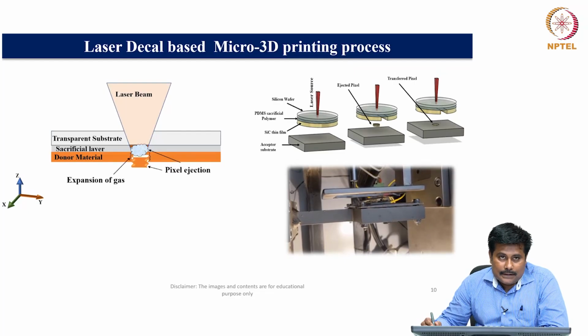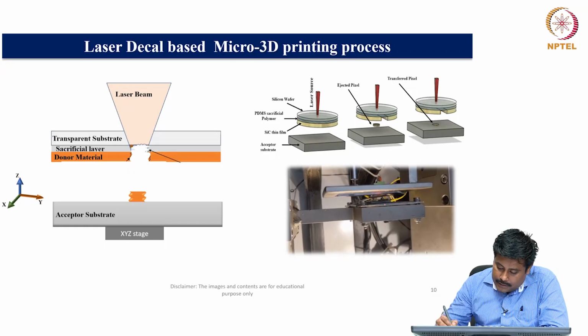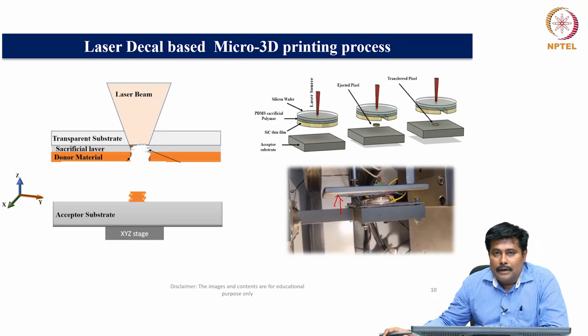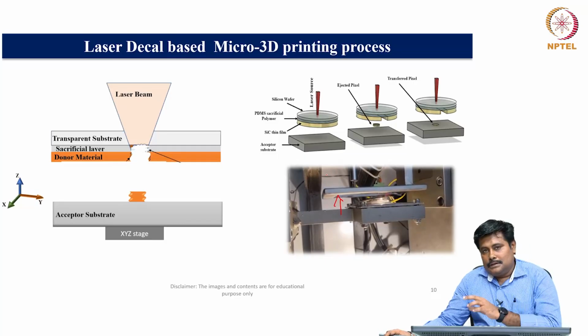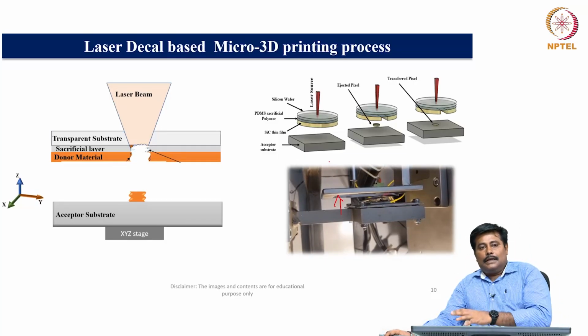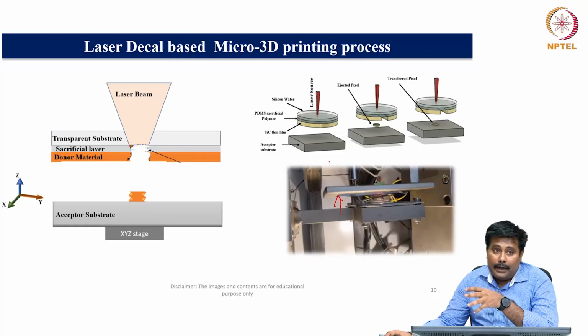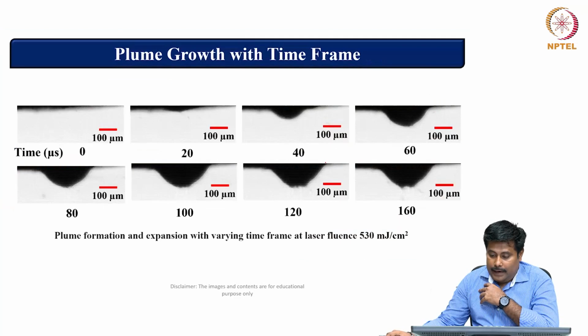A high pressure gas is created, and the expanding gas results in transferring the material to the acceptor substrate. So this is the kind of features being printed here, and this is the overall mechanism. This technology has the capability to print metal, as well as semiconductor materials and related areas.